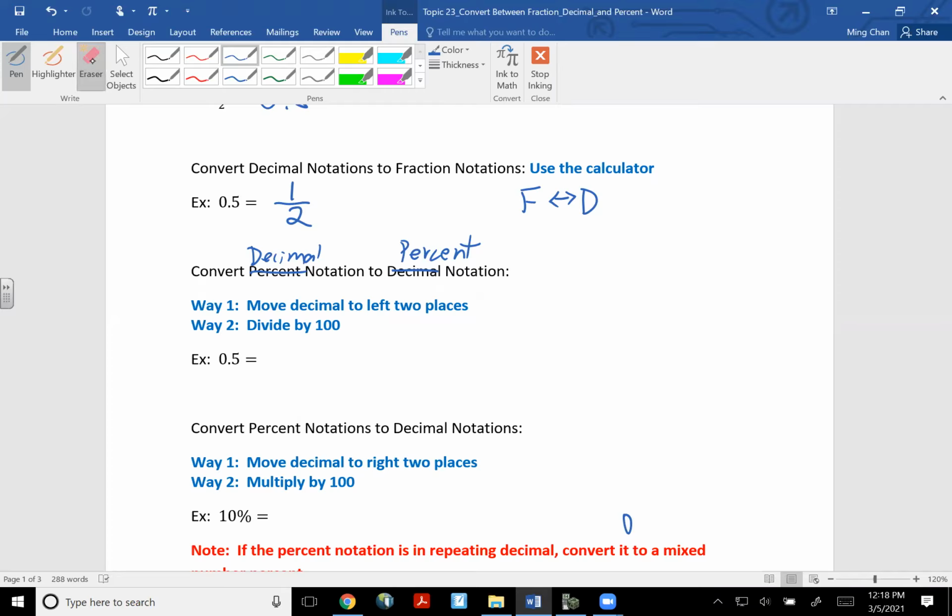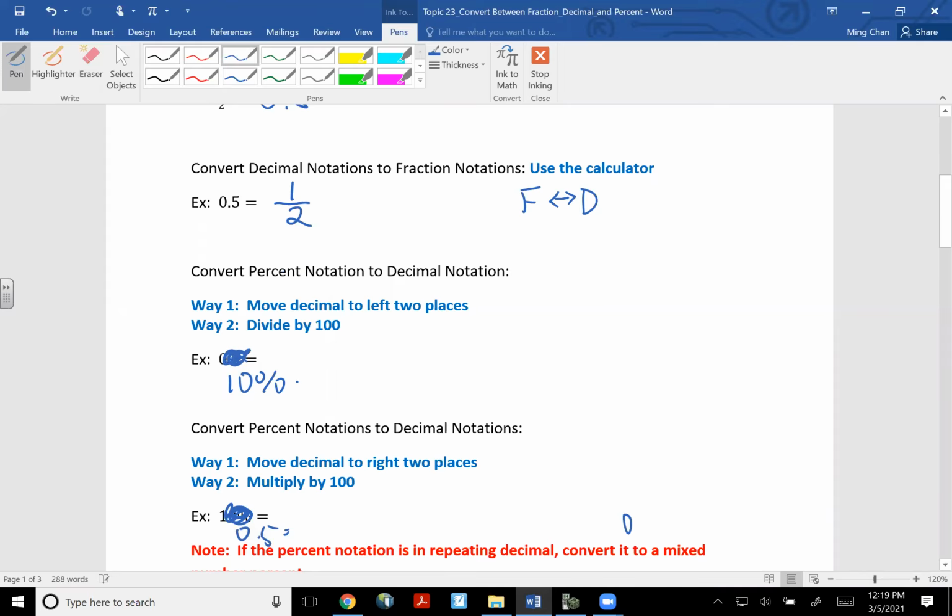Let's keep these words and change the two problems. Let's do 10% and 0.5 here. Let's swap the two problems. Sorry about that.